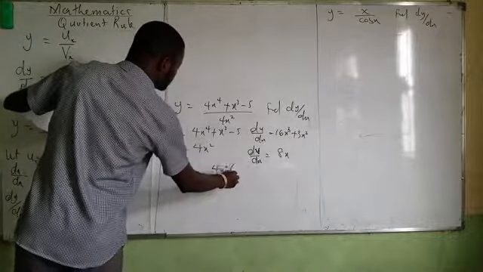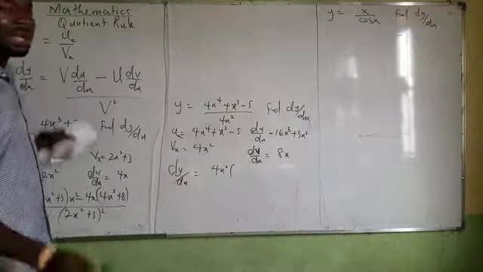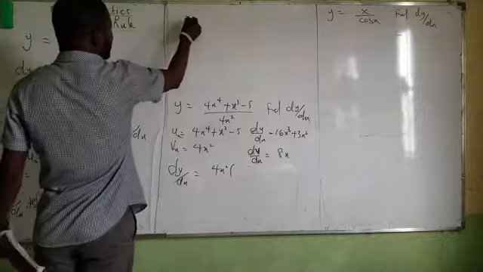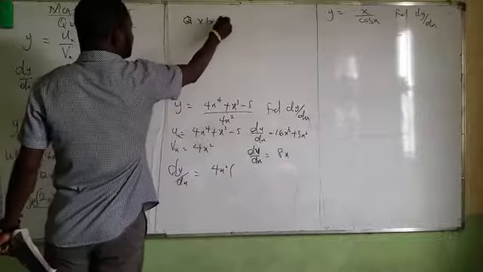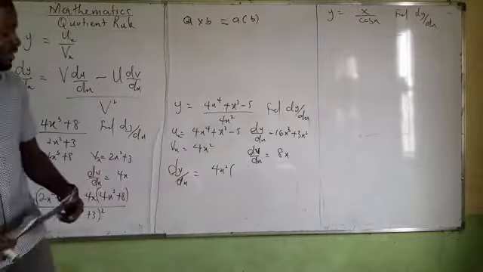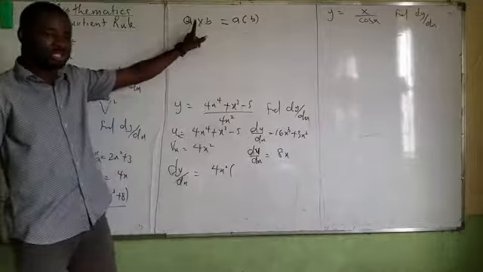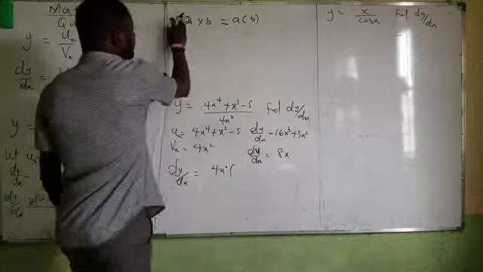Please take note of that, a multiplied by b is the same thing as a bracket of b. When we talk about differential calculus or anyhow, kindly use brackets more. Don't use multiplication sign. Take note of that. Very, very important.